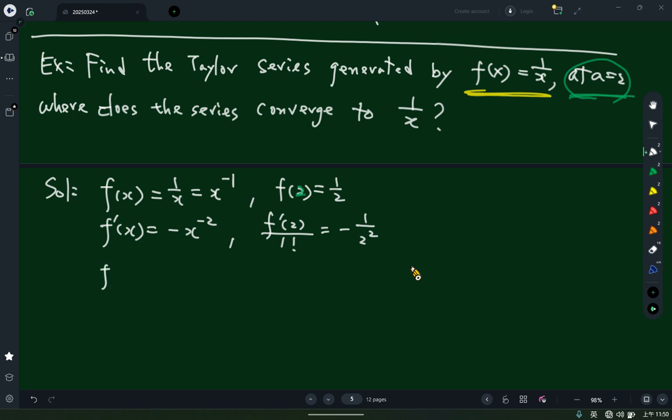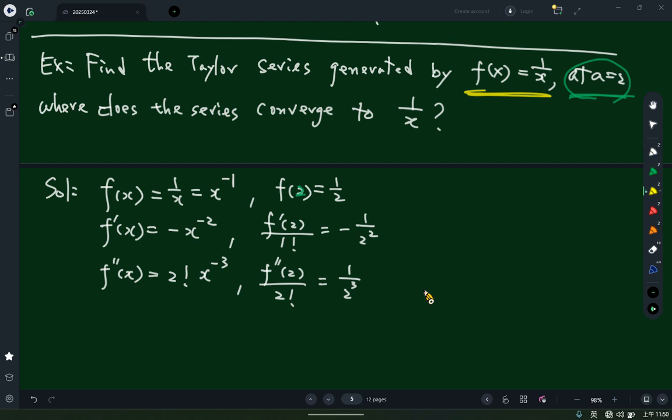Then we continue to get the double prime: we get 2 factorial times x to the power of negative 3. Then the coefficient is f''(2) divided by 2 factorial, which gives 1 over 2 to the power 3.